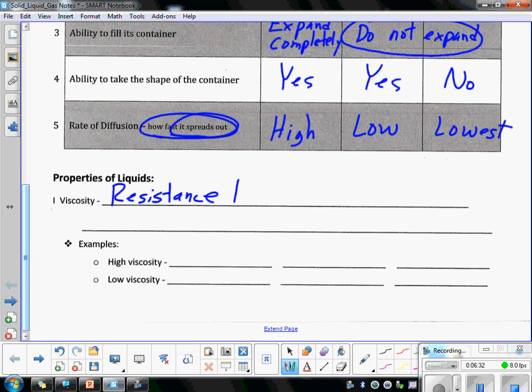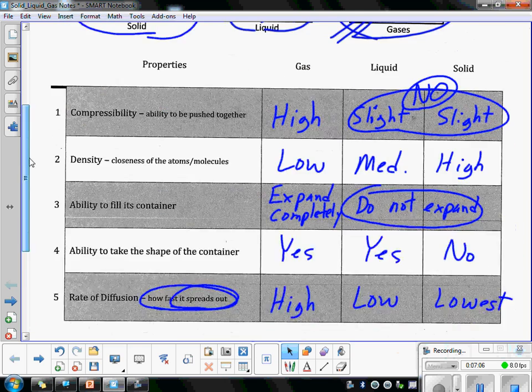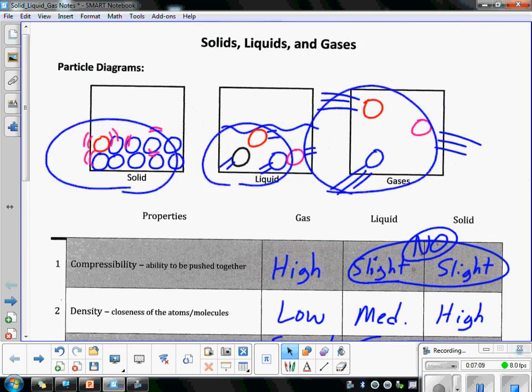Viscosity is the resistance to motion that exists between molecules when they move past each other.